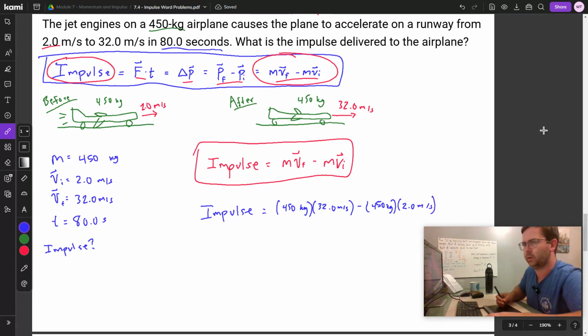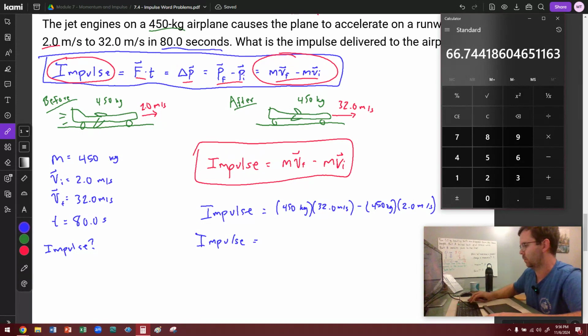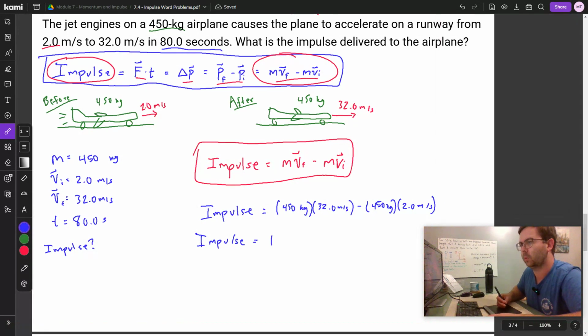All right, so now we're ready to start doing the calculations. 450 times 32.0 is 14,400. We're going to round that to have two significant figures. So 14,000 Newton seconds. Usually we give our impulses in Newton seconds.